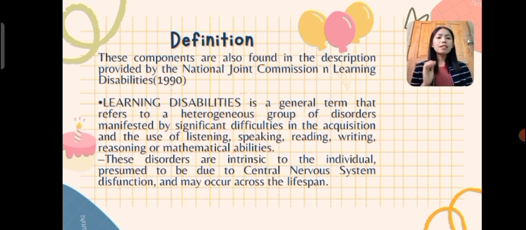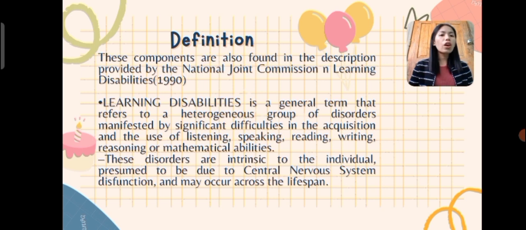So, these disorders are intrinsic. When we say intrinsic, within ra, sulod sa bata. Dili siya influenced by external factors. Since this disorder is intrinsic to the individual, it is presumed to be due to central nervous system dysfunction. So, ang utok sa bata maoy nag-dysfunction.